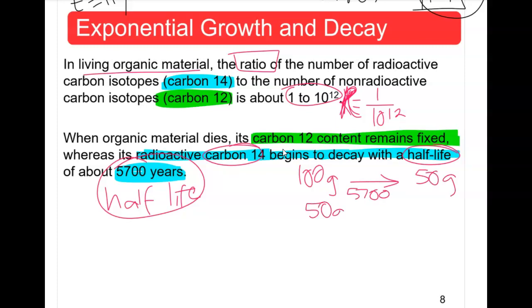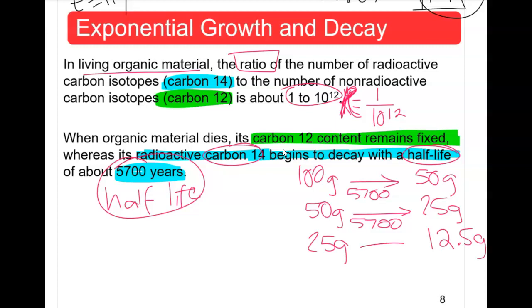Then those 50 grams will take another 5,700 years to be half of that, so there will be 25 grams. And then for those 25 grams to go to half of that, 12.5 grams, another 5,700 years have to go by. So in total we have 17,100 years for 100 grams of carbon-14 to decay to 12.5.